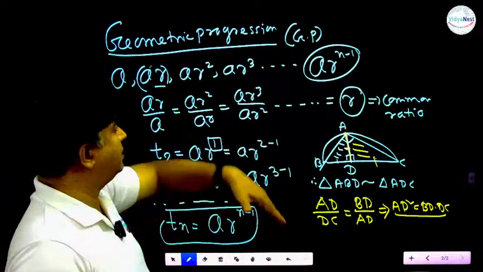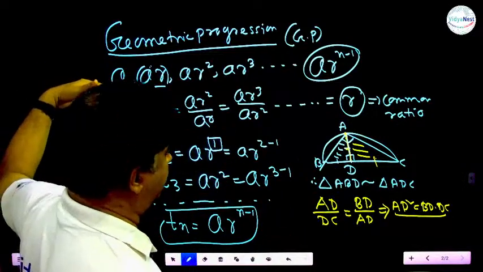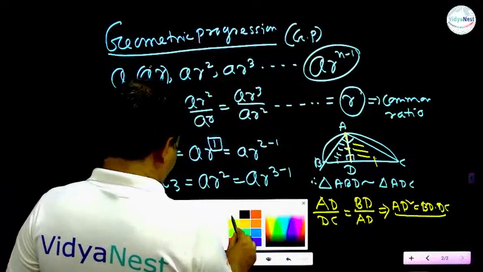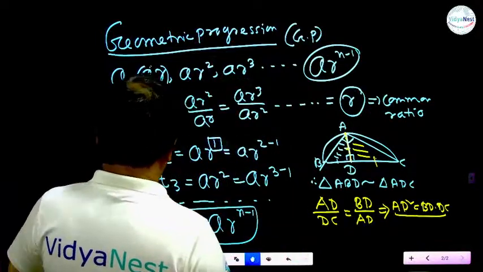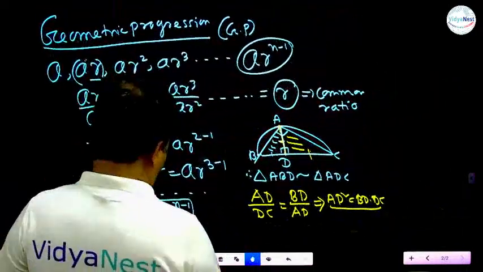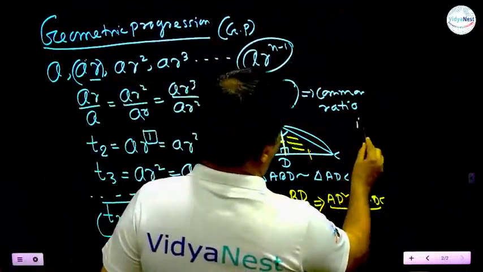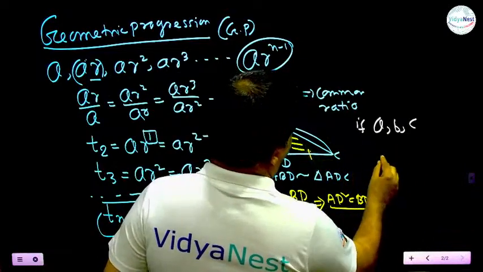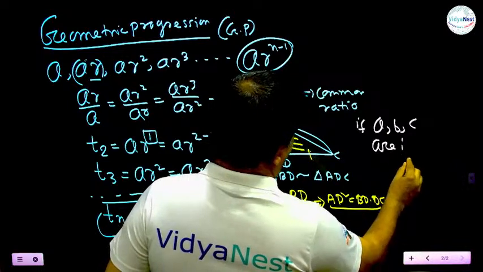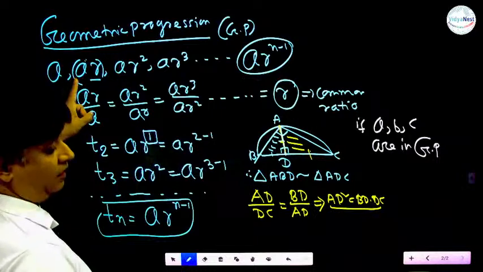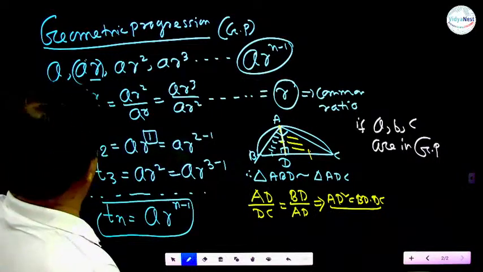Now, how is it related to geometric progression? See, if A, B, C are in GP, meaning geometric progression, according to this concept what can I write?